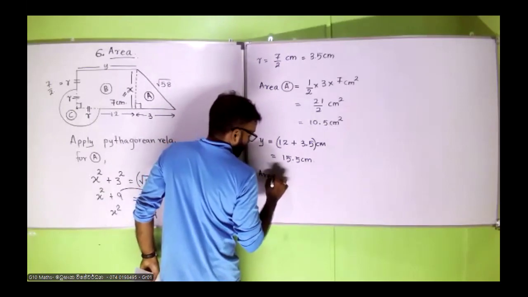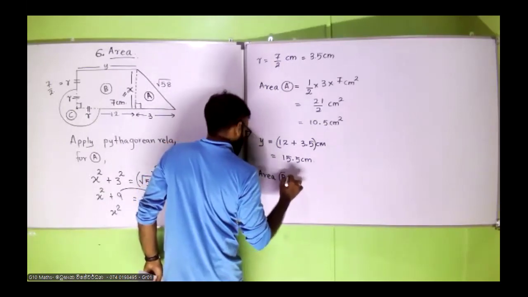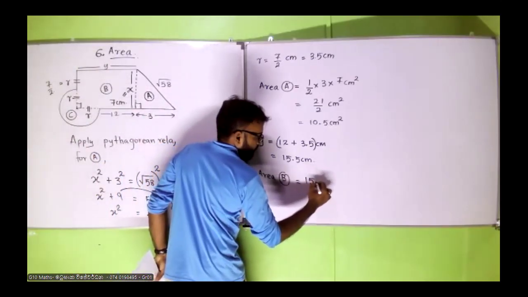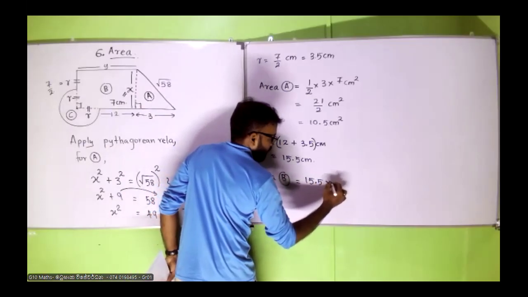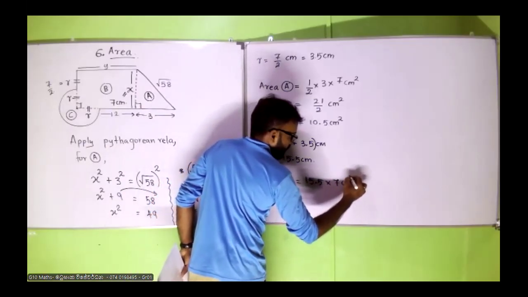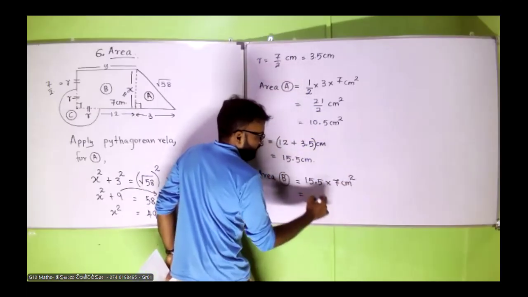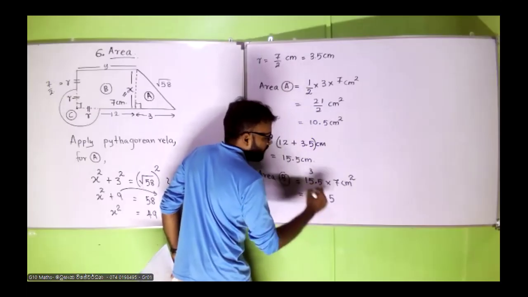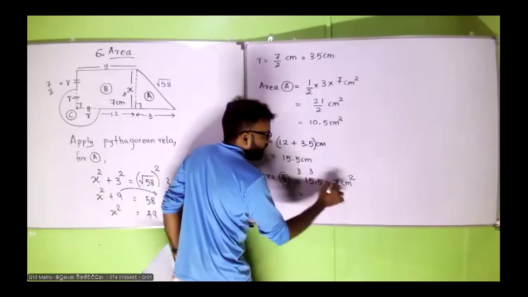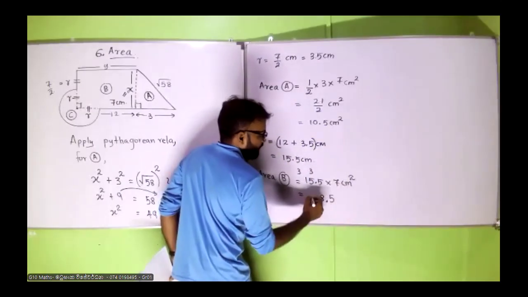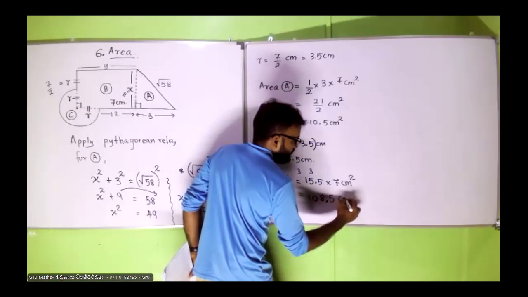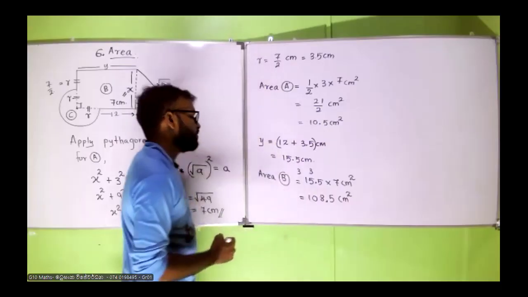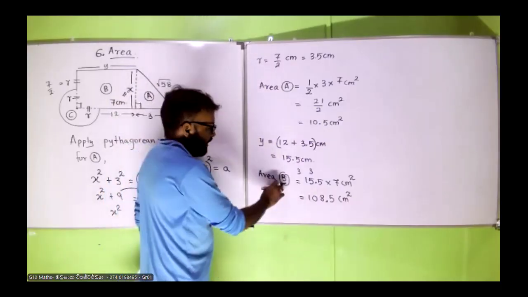Now area of B equals y into x, 15.5 into 7 square centimeters. That is 108.5 square centimeters. Area of B done.